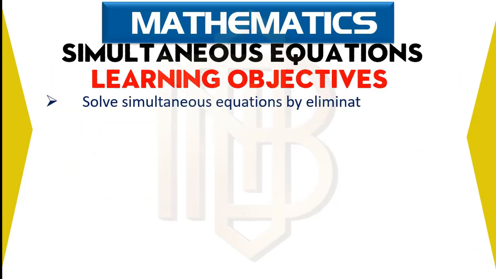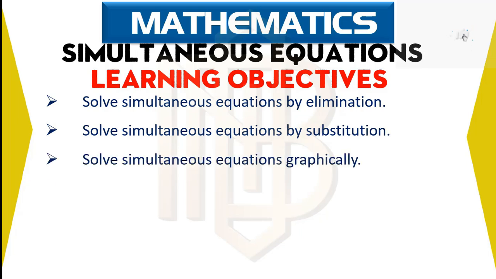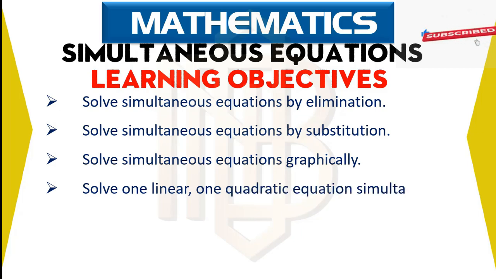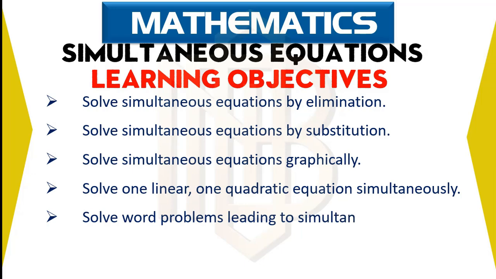At the end of this lesson, you are expected to be able to solve simultaneous equations using the elimination method, using the substitution method, using the graphical method, and solving simultaneous equations involving one linear and one quadratic. Lastly, we'll be checking what problems lead to simultaneous equations, so we'll be exploring modes of interpretation in that regard.